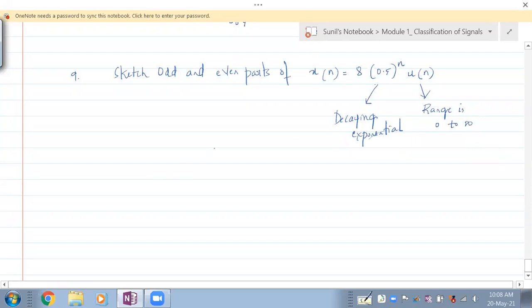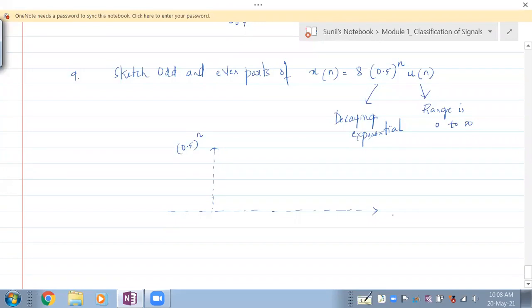So first, let me have 0.5 to the power n first. Then let me have 8 into 0.5 to the power n. It would be easier since we are all beginners. Let's do that. So at n equal to 0, what is 0.5 to the power n? It is 1, right? So let me take this as our 1.